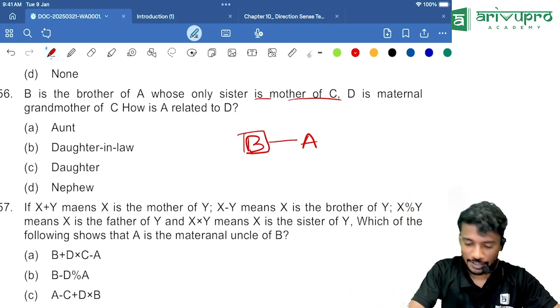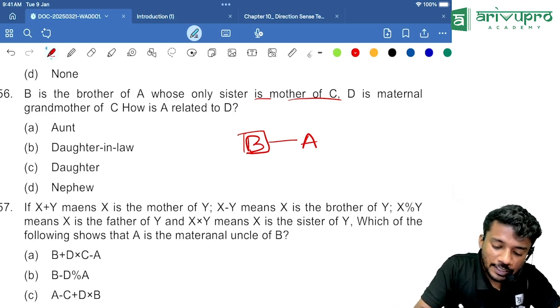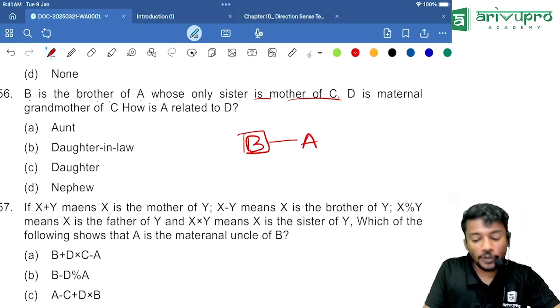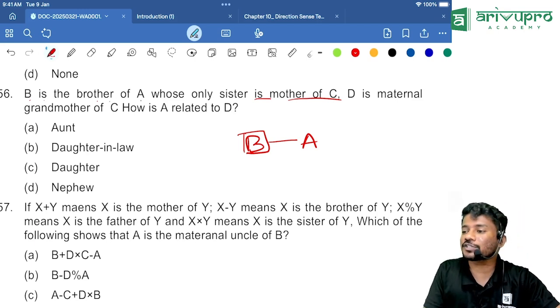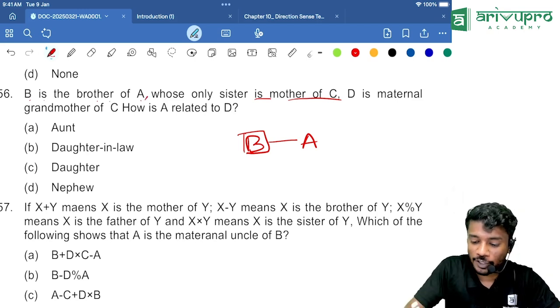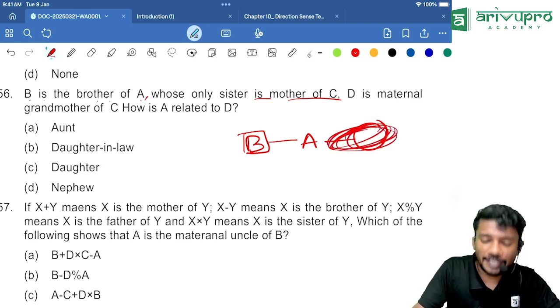B's sister, sir. Yes. For example, B is the brother of A, whose only sister is mother of C. If there was a comma over here, we would have written one more thing over here, someone else.